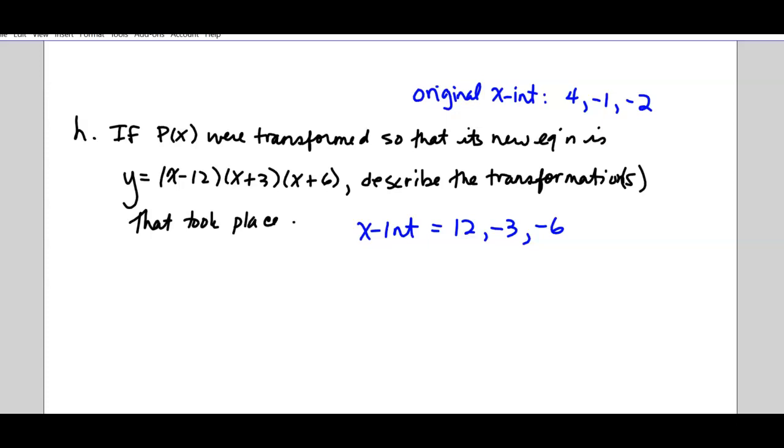Do the same for the y-intercepts. The original y-intercept was negative 8. What's the y-intercept of this? Negative 12 times 3 times 6. Figure out what that is.